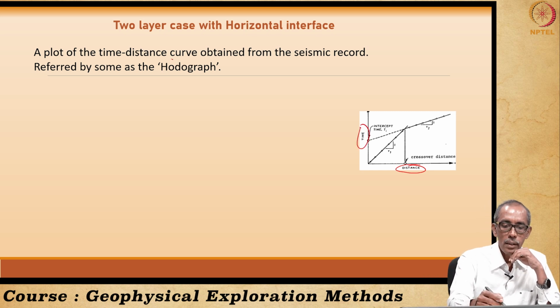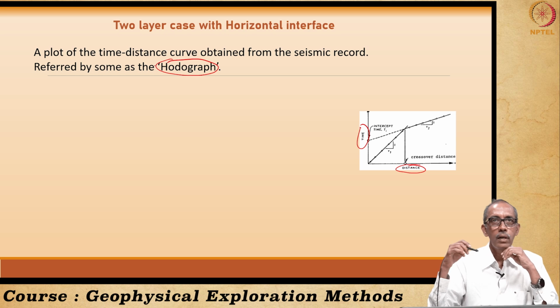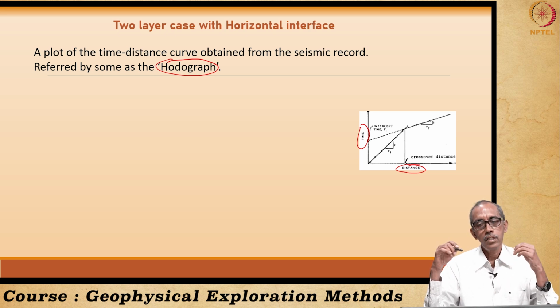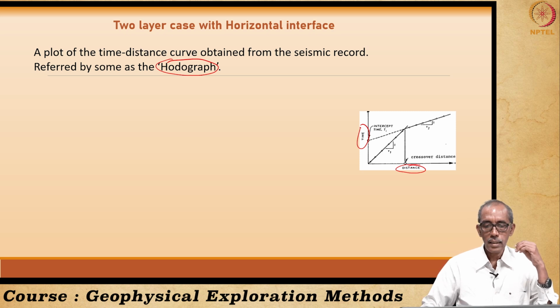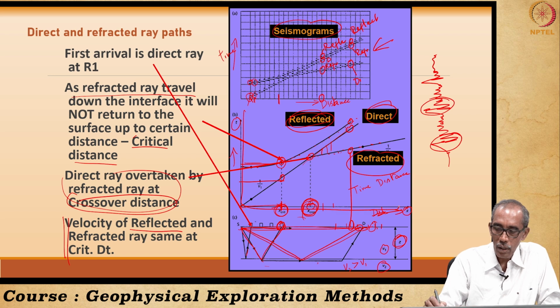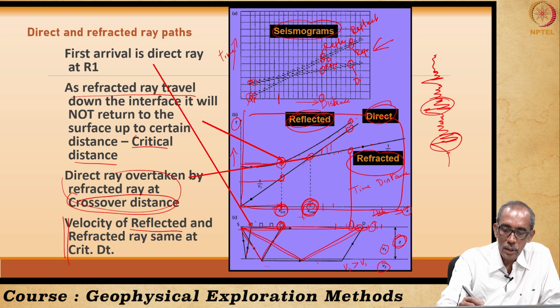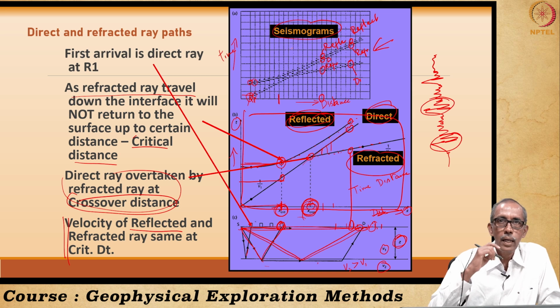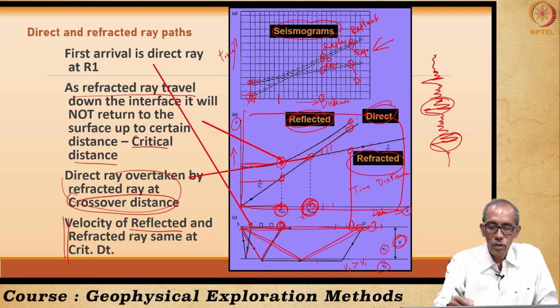This plot is known as hodograph or simply time distance plot, right? Time distance plot. How did we plot this time distance? Just like on the previous page. This is the time distance plot. How did we plot this? By noting down the arrival times from the seismograms of all the geophones.